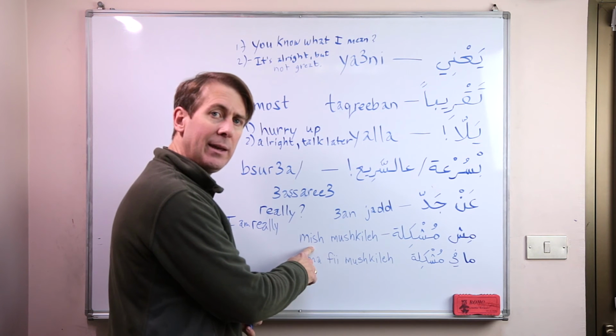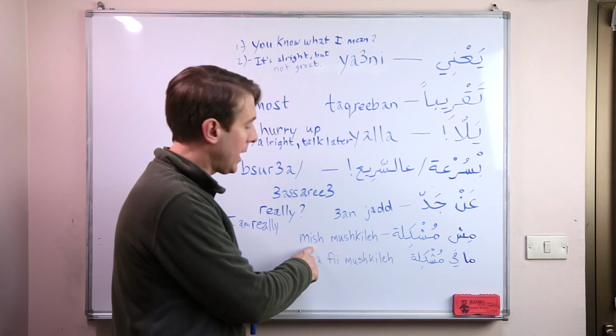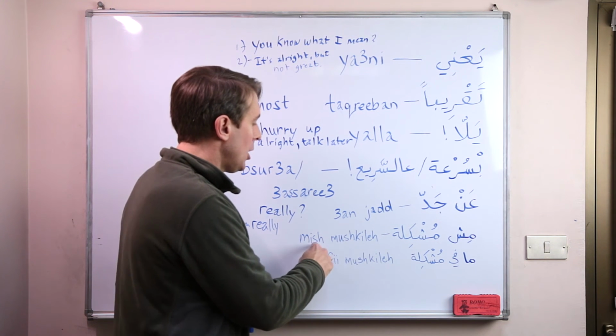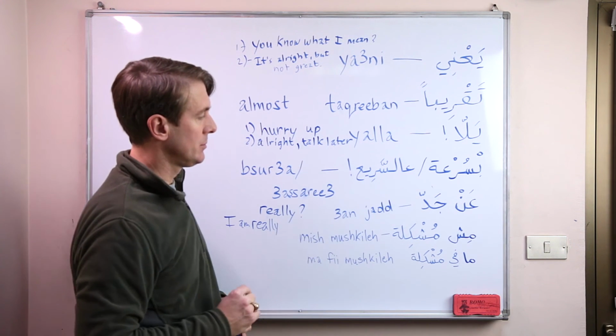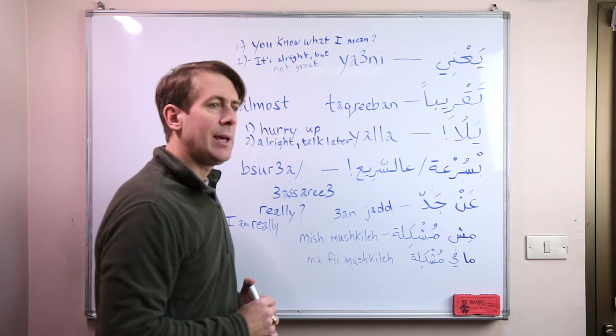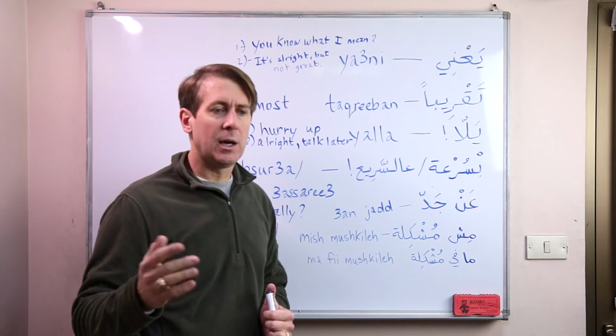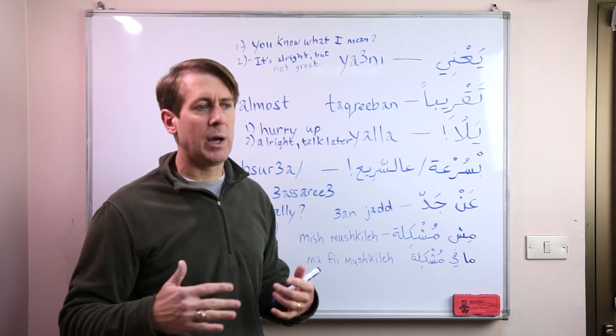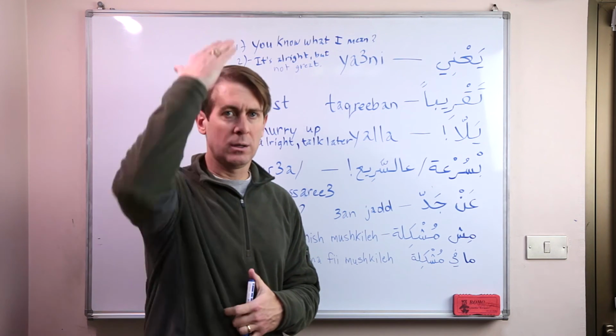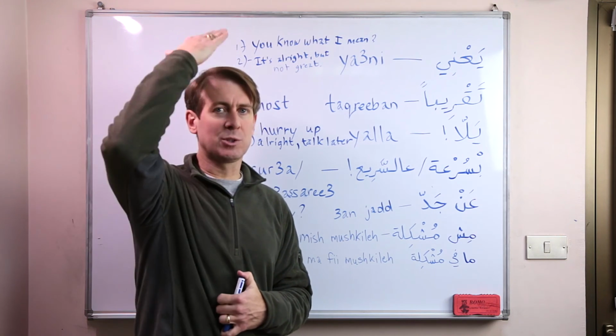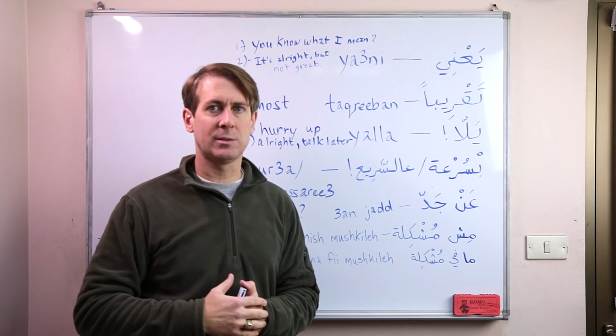Mish is a nefi, meaning no. So it's a negation. No problem. Somebody might say to you, if you ask, can you get this done by 8? No, man, مش مشكلة. على راسي. Or they may even just gesture, meaning, yes, I will do it.